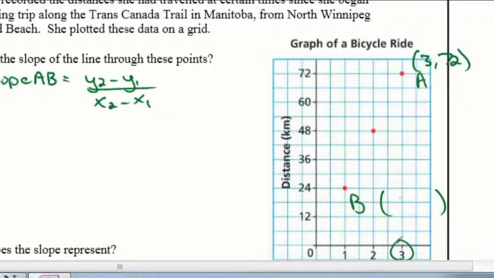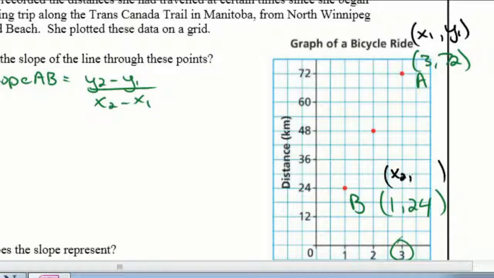And down here for B, I have 1 for my x value and 24 for my y value. I'm calling this point up here A. This is my first point. Call it x1 and y1. And then same thing down here with B.